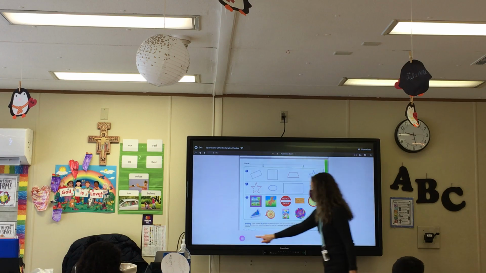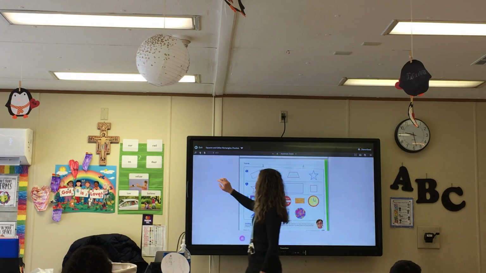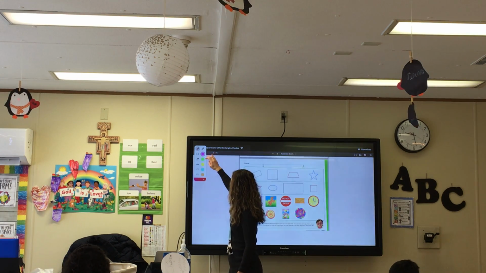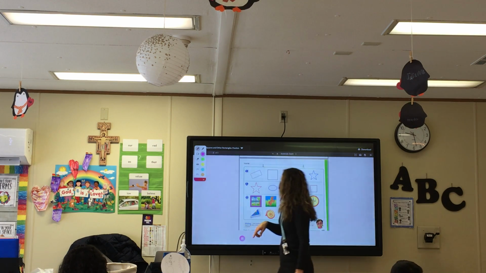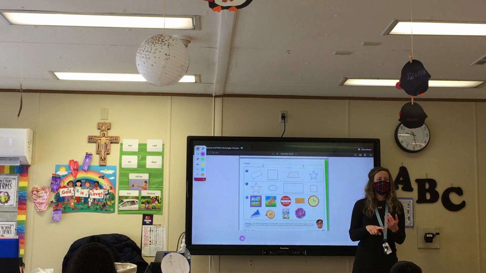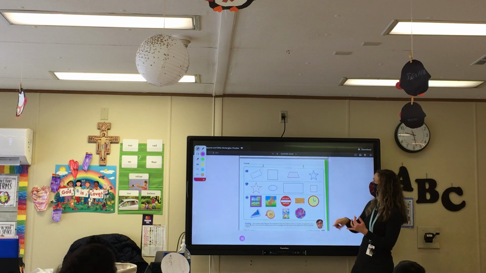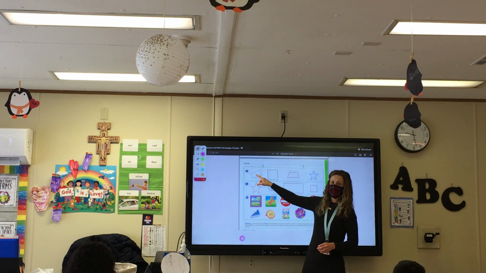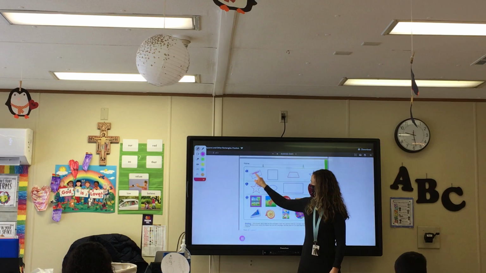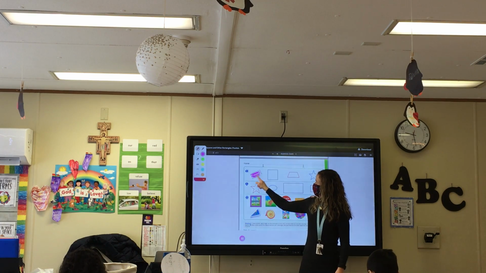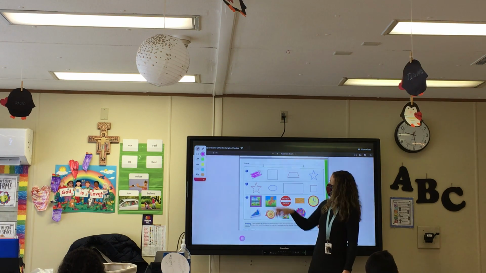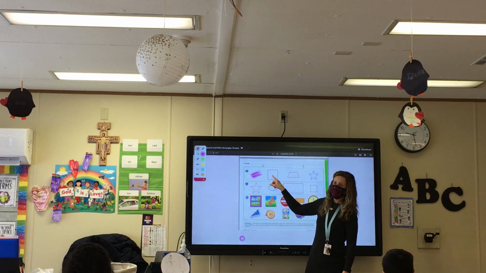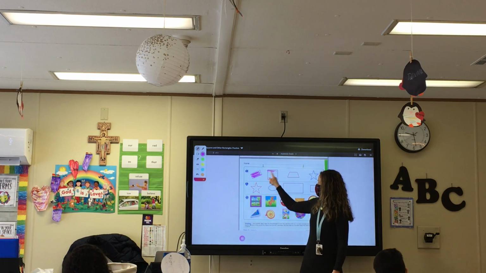All right, let's take a look at number 3. Okay. All right, so again, we're coloring in all the rectangles first. Okay, so you tell me yes or no. First one. Yes, color it in. Okay, second shape. Yes.